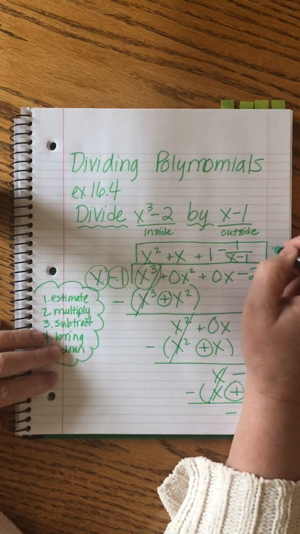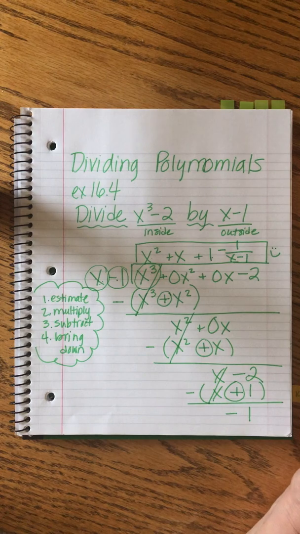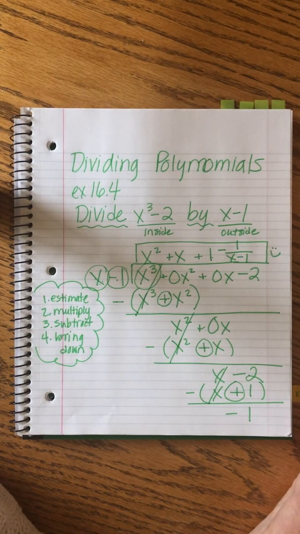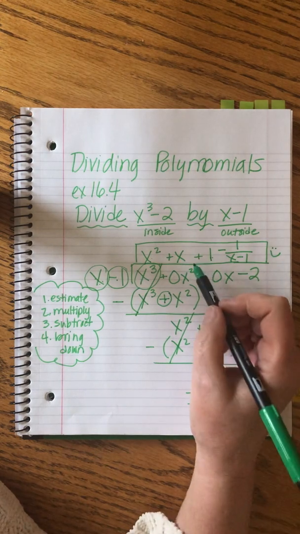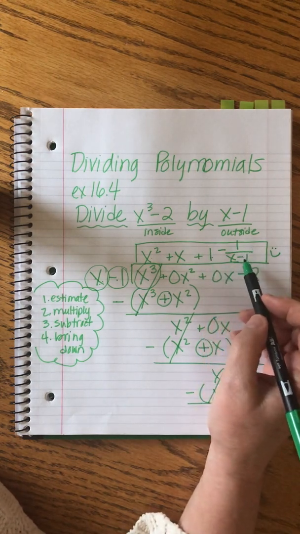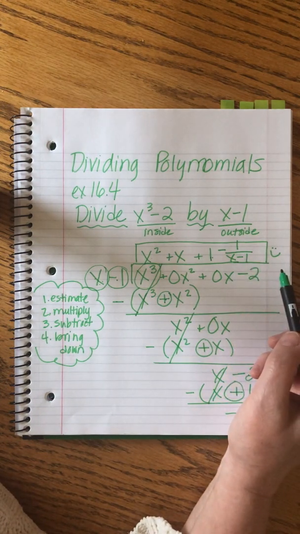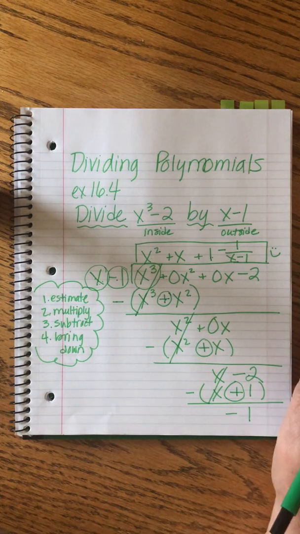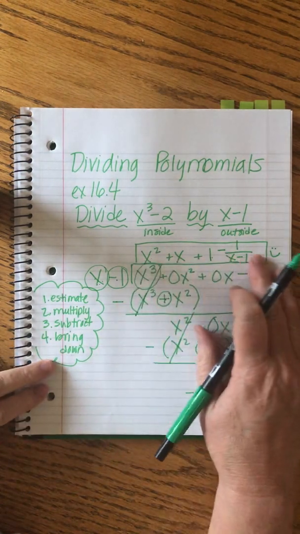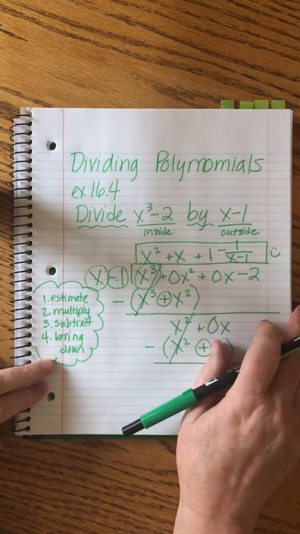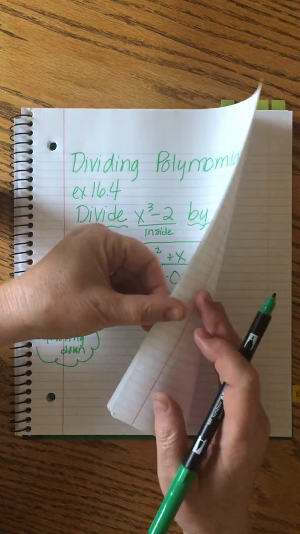Okay, so this is our answer. However, let me just make sure it's right. X squared plus x plus 1 minus 1 over x minus 1. Beautiful. Okay. So now what John wants us to do is check our answer. What I'm going to do is copy this number and this number to the top of the next page so that I have room to work.